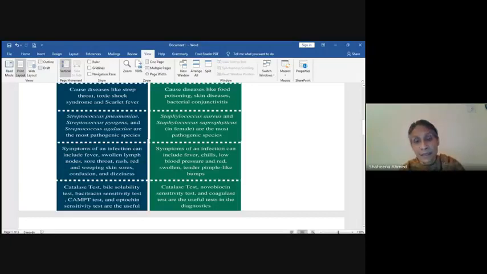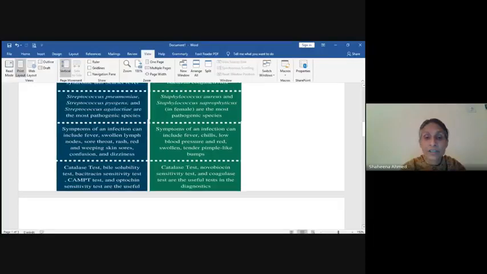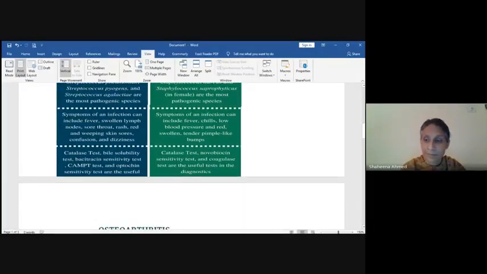We then identify that microorganism, and then we facilitate the diagnosis and ultimately the treatment of the patient. So it becomes very important to know the basic differences related with these groups.